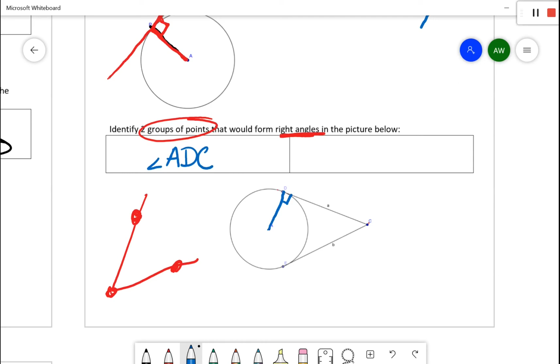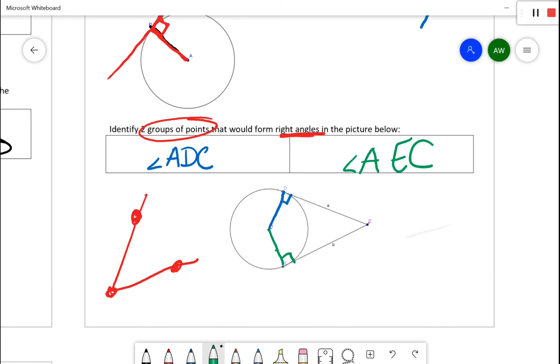Now I could do the same thing on the other side, and I could say I know that AE is a radius because it's from the center of my circle at A to a point on the outside of my circle E. And I know that when I take a radius and I intersect it with a tangent segment, then I get a right angle. So that means that angle AEC is also a right angle.